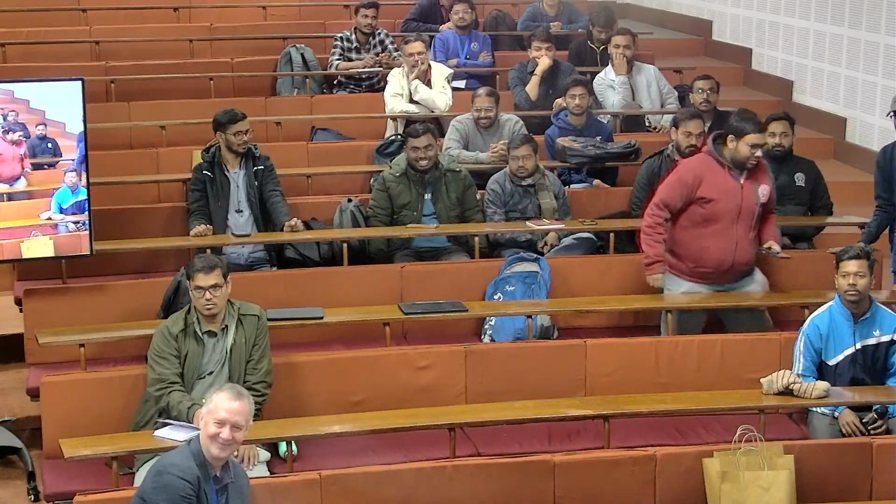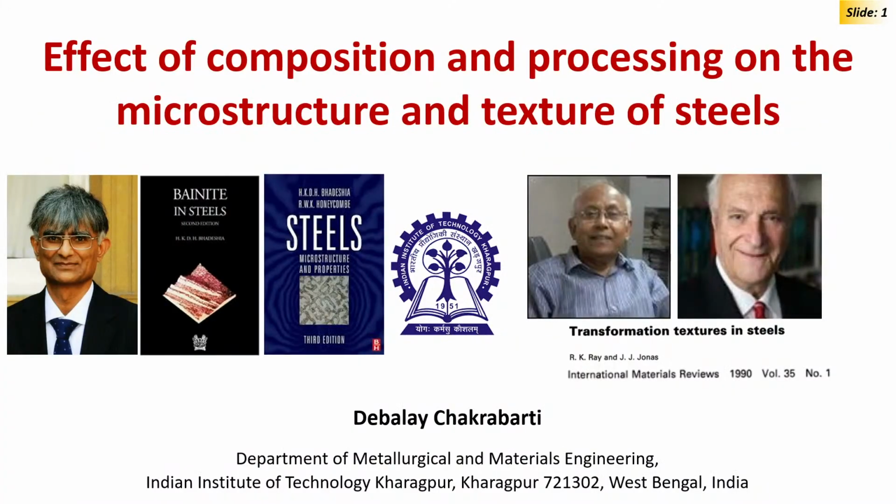Because I have a class from 11, I have asked the students to stay for some time. So let us continue, and here I will talk about the microstructure and texture of steel, which is a very vast topic by itself. I would focus more on transformation, different types of microstructures, how they are produced in steels, and obviously some part of crystallographic texture would come into that.